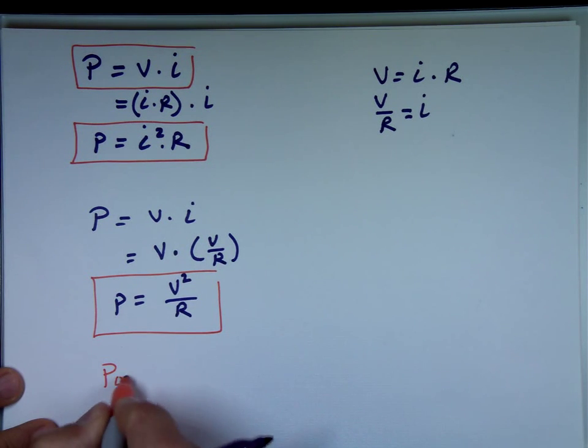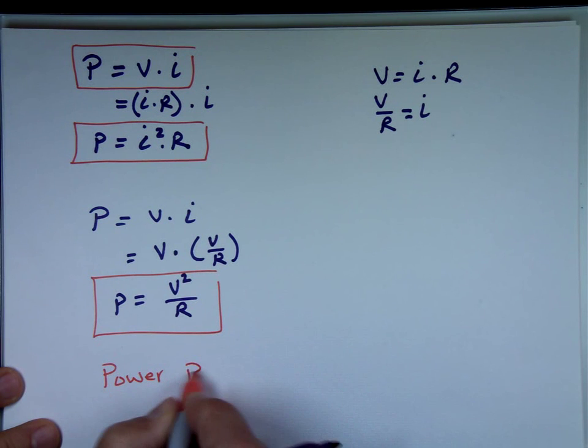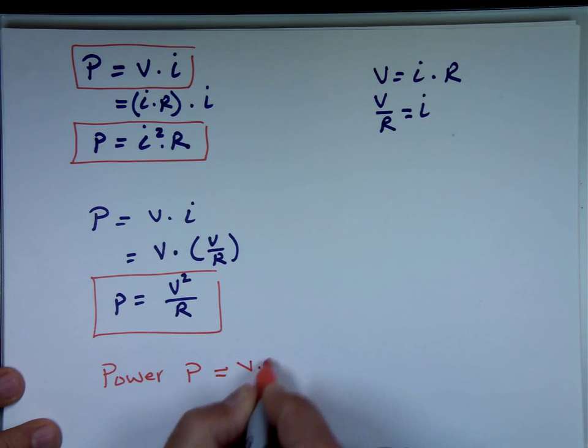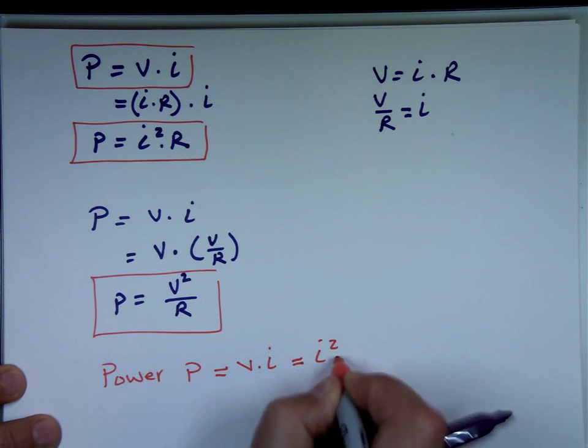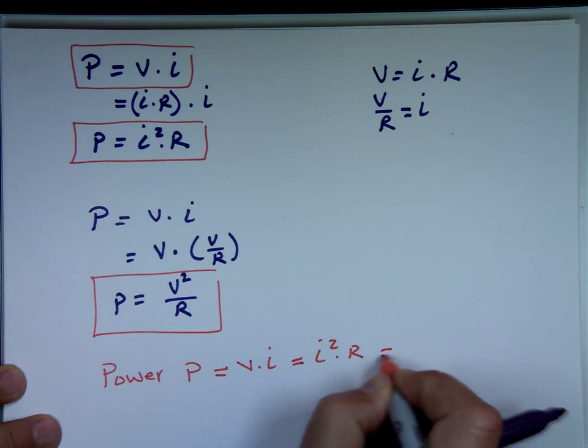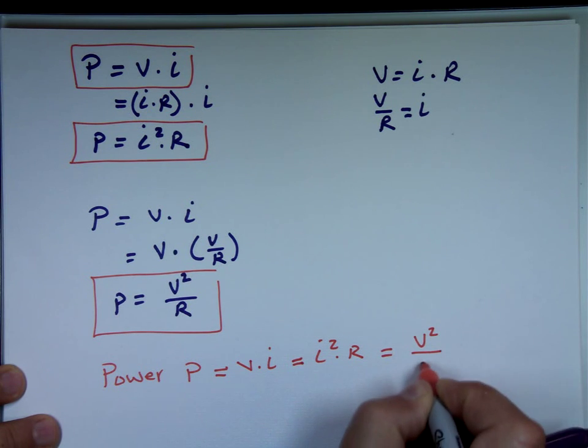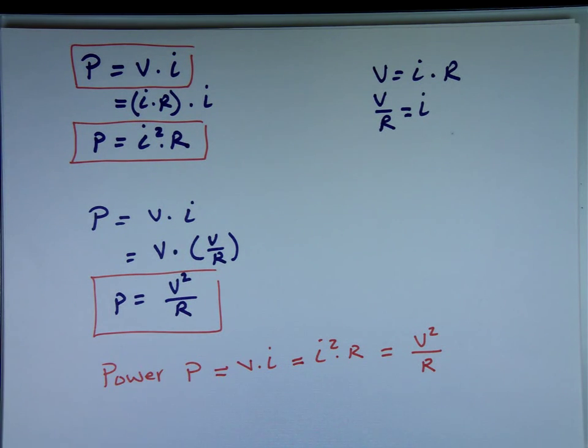Power, P, is equal to V times I, or I squared times R, or V squared over R. You can use any one of them. It depends what's given to you in the problem.